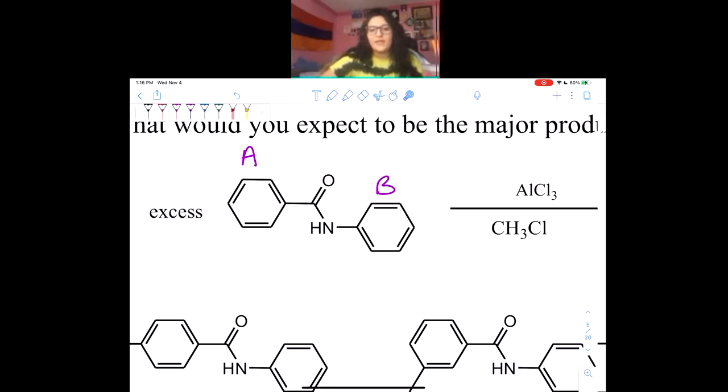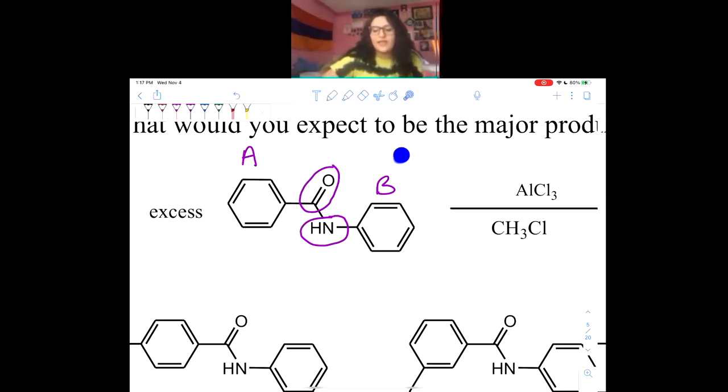It's kind of weird because it's two aromatic rings on the same molecule, and only one of them will be able to react. The reason is this ring is attached to a carbonyl, while this ring is attached to an NH.